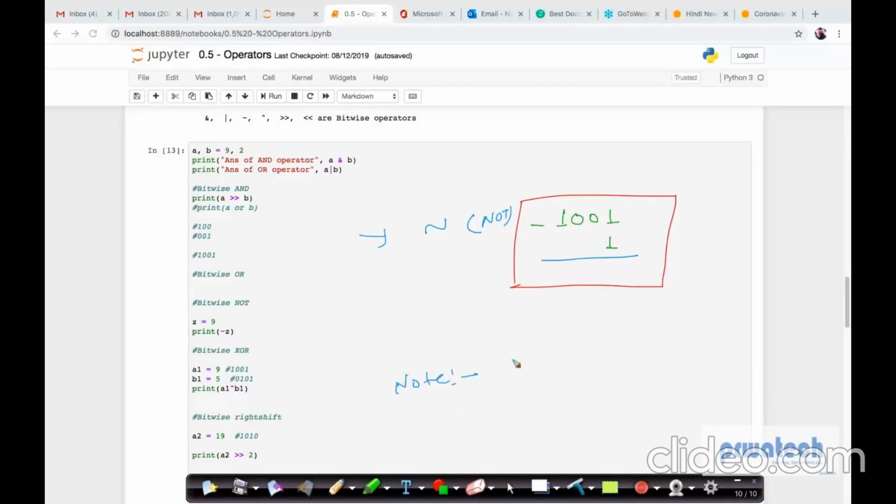So note, I am saying when you perform any operation on 1 and 1, especially this 1 and 1, it always returns 0.